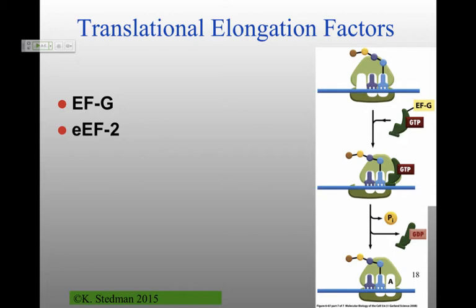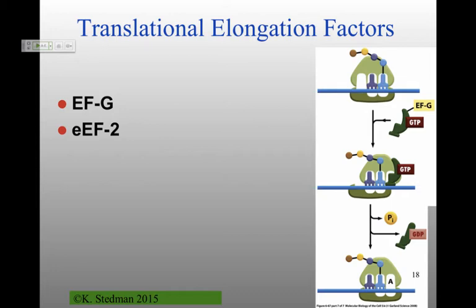So it binds in a GTP-bound form and basically pushes the small subunit out of the way, and then has GTP hydrolysis, which then pushes the large subunit along. And so binding, hydrolysis, binding, hydrolysis. And this really pushes the ribosome along the messenger RNA or pulls the messenger RNA through the ribosome. It just depends on how you look at it.